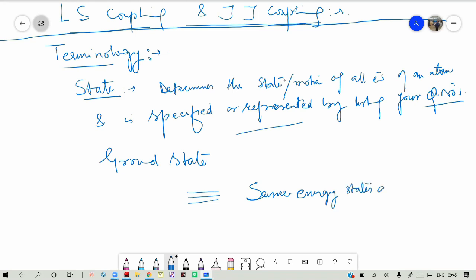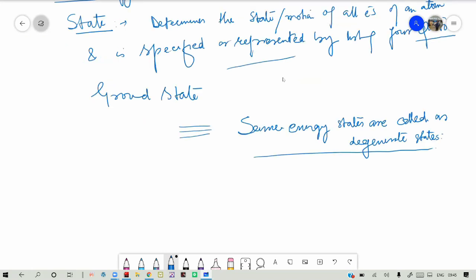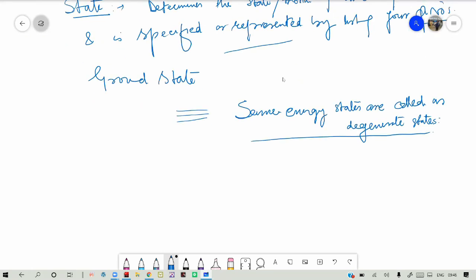Same energy states are called degenerate states.